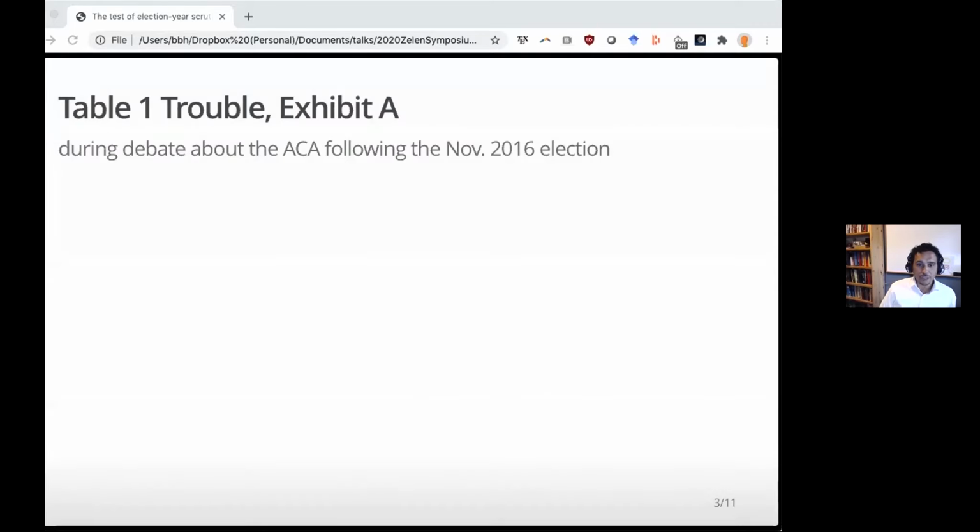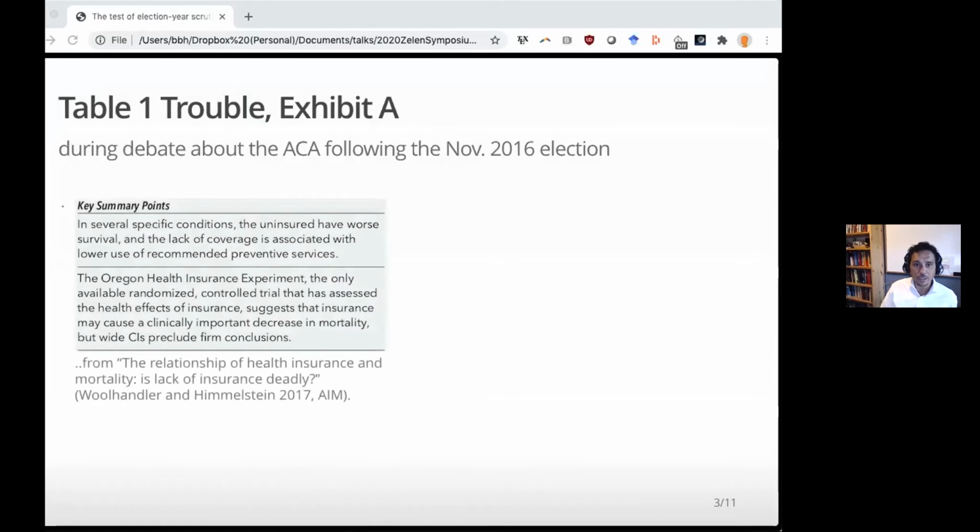The first of these comes out of a lit review that was published shortly after the November 2016 election. It actually came out in November 2017. These are the highlights of this lit review, which was published in the Annals of Internal Medicine. And you can see what the authors are telling us.